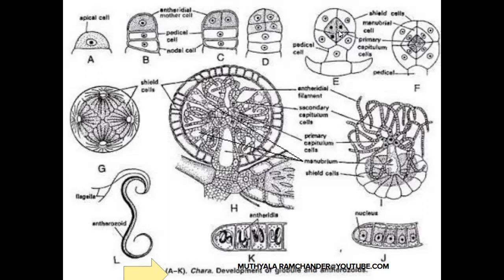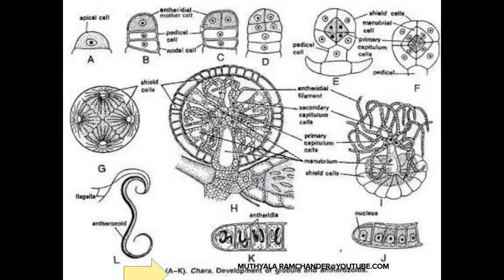The remaining 8 cells again participate in mitotic divisions to form 16 cells. At this stage, a total of 24 cells are present. The 24 cells are present in 3 whorls. In each whorl, 8 cells are present.